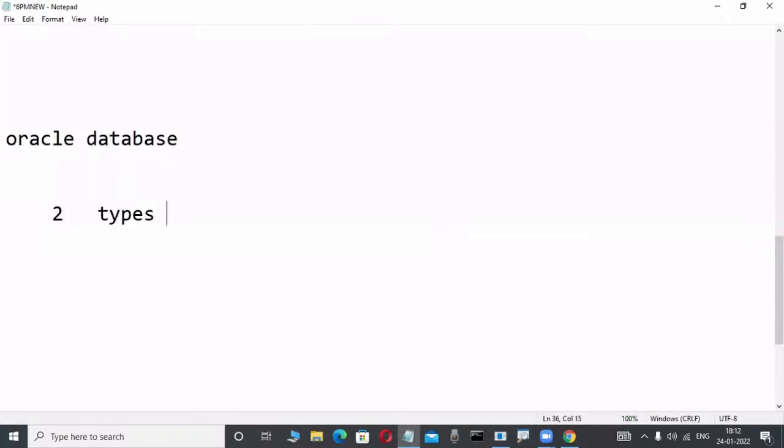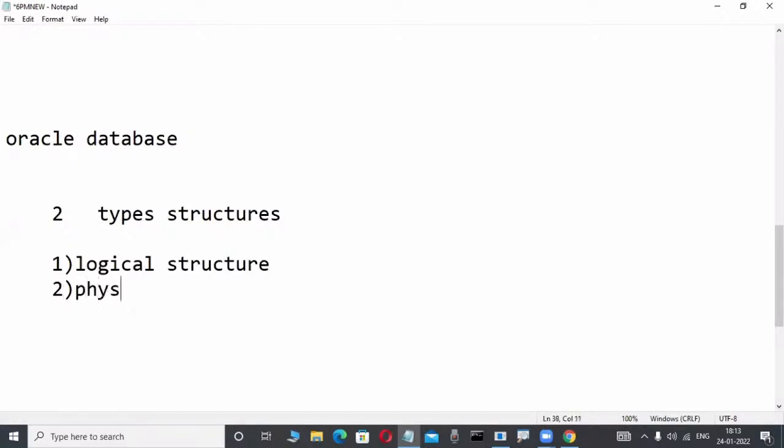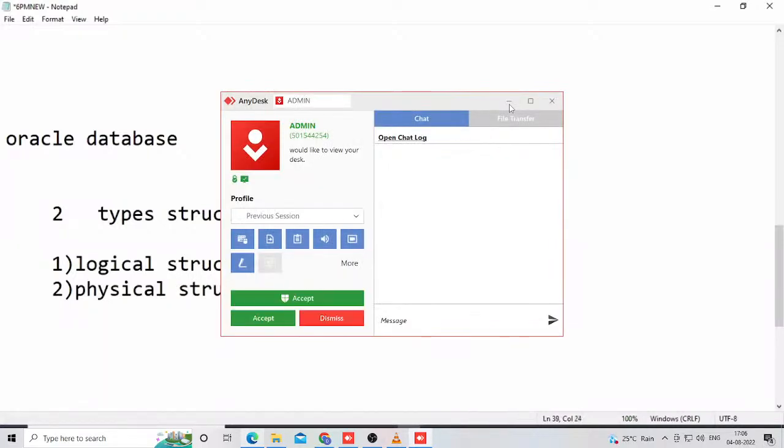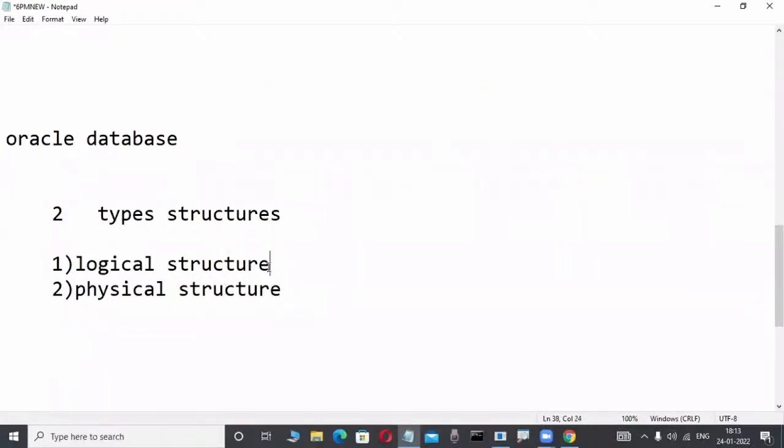One is the logical structure. Another one is the physical structure. What is a logical structure?